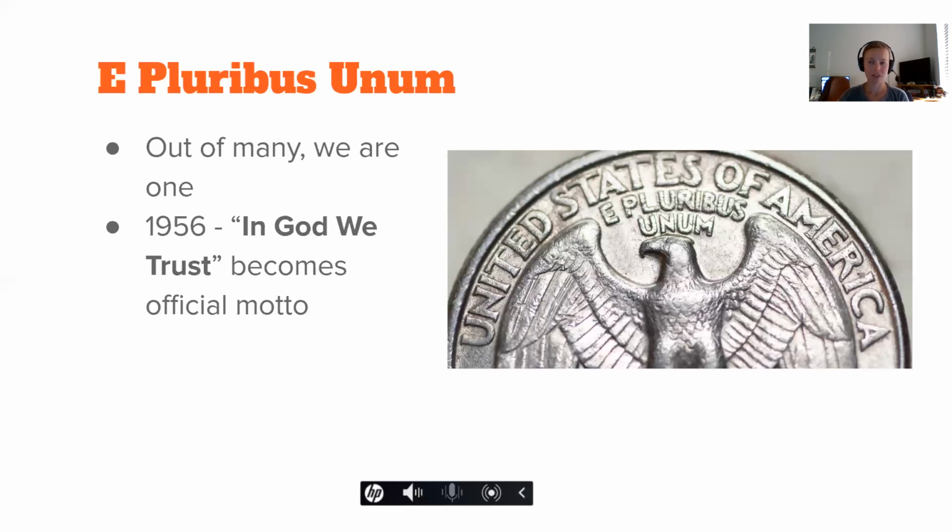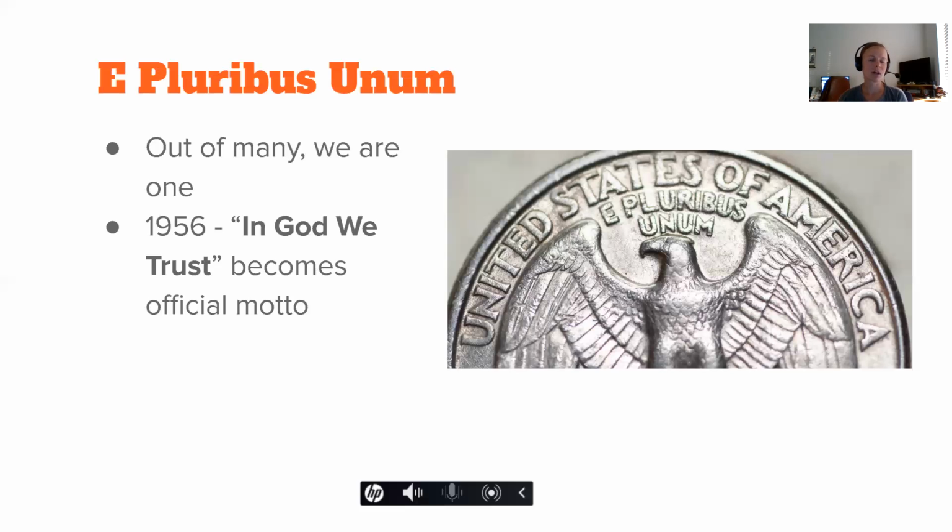However, there's a problem with that. Under the United States Constitution and the Bill of Rights, the First Amendment says we have a freedom of religion. And that means that Americans should be allowed to worship the way they want, even if that means not worshiping at all, not having any belief, being like an atheist. You should be allowed to believe even that, whatever you want.